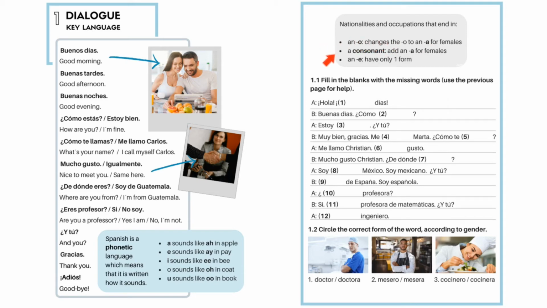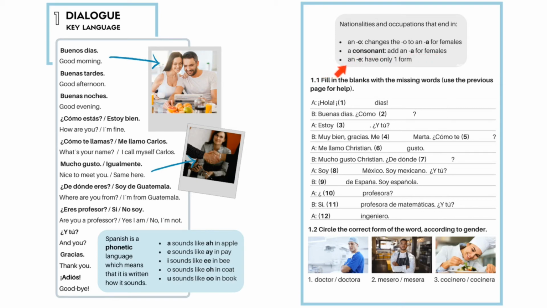So you have to be careful if you're talking to or about a female, including yourself, that you're changing the O to an A. Now if a nationality ends in a consonant, which are going to be everything but the A, E, I, O, U, you're still going to have to add an A when you're talking about a female.